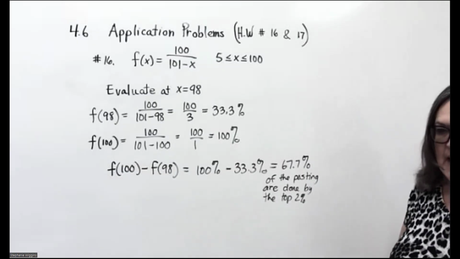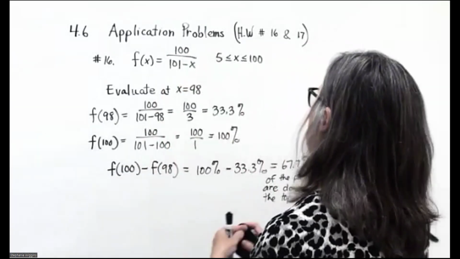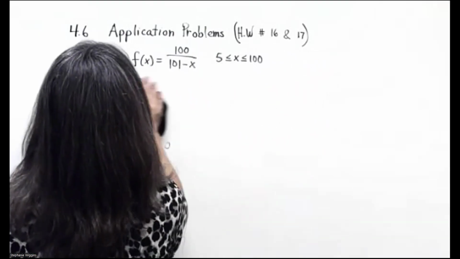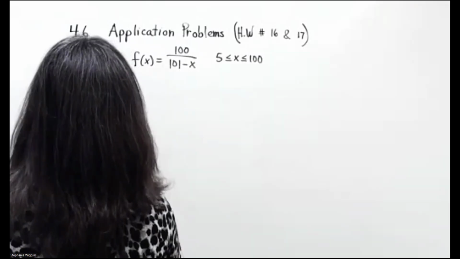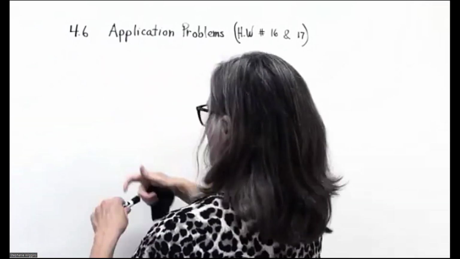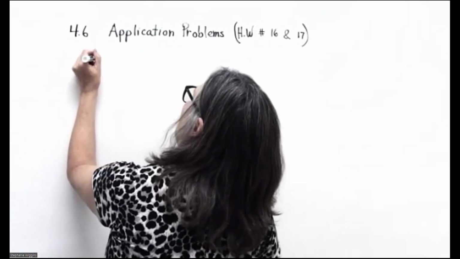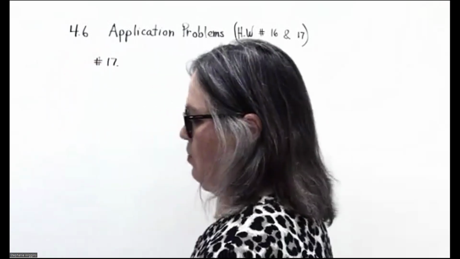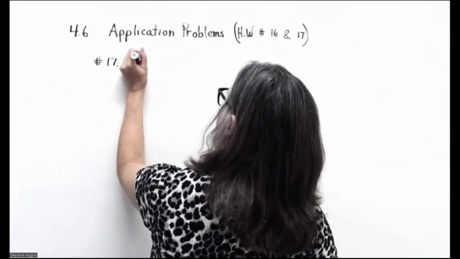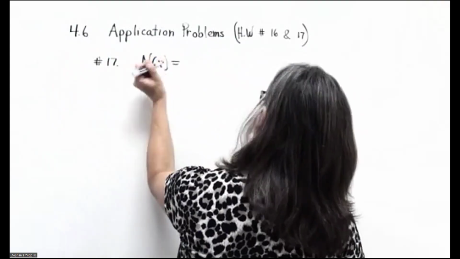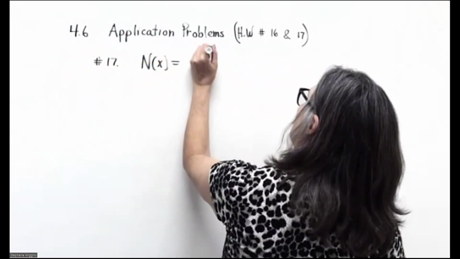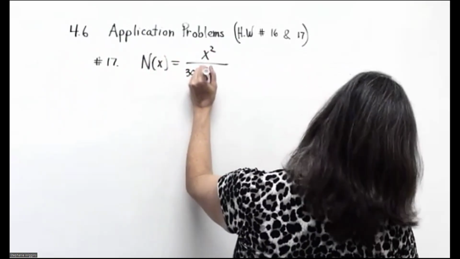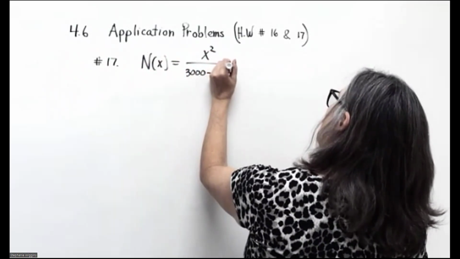Okay. Now let's take a look at the next problem, number 17. The function that we're working with in number 17 is n of x equals x squared over 3,000 minus 60x.